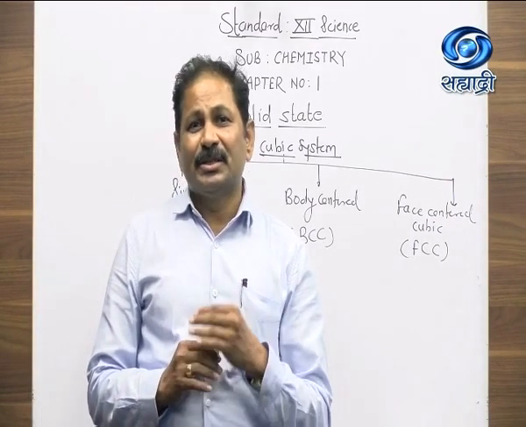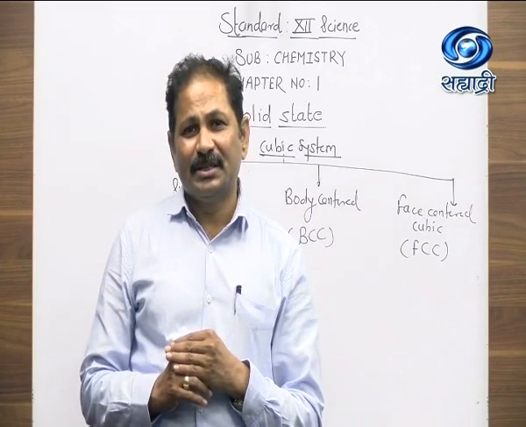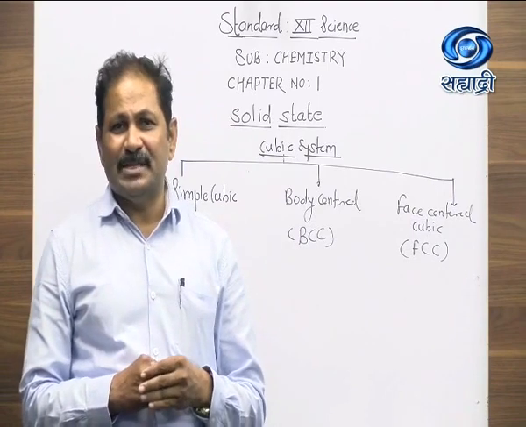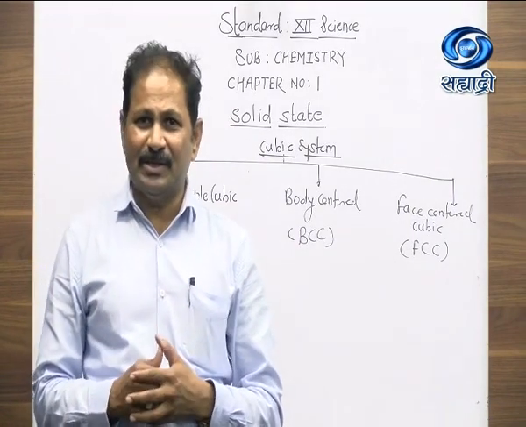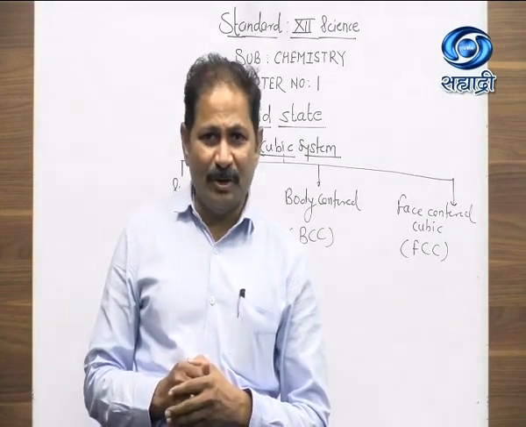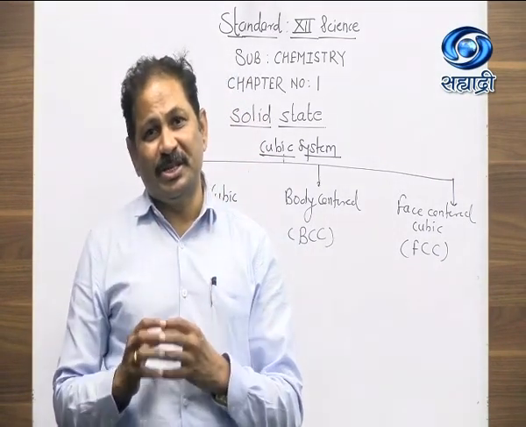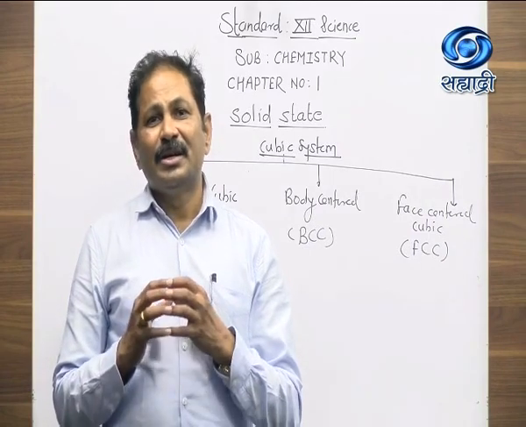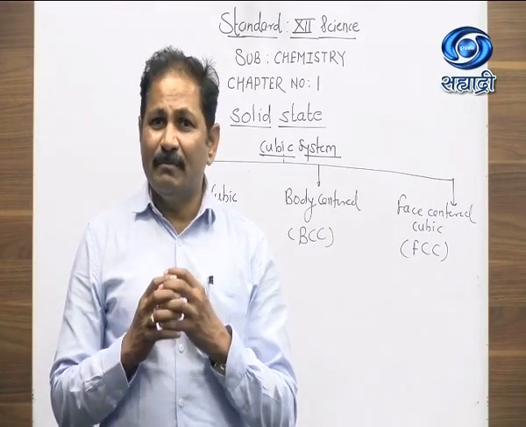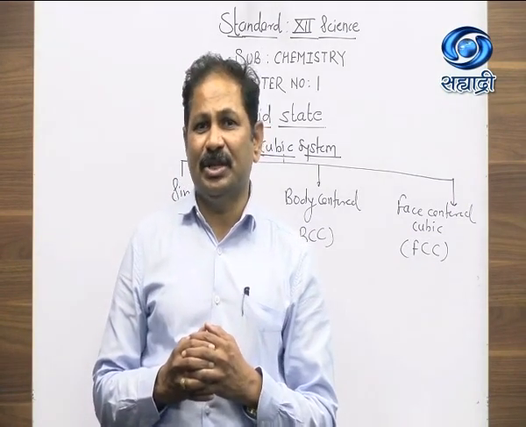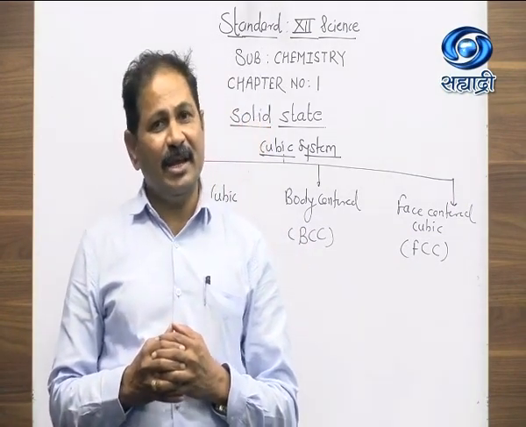We discussed different crystal systems. Then those crystal systems are classified into various Bravais lattices on the basis of the arrangement of constituent particles. Then we discussed the cubic system in detail: simple cubic, body centered cubic, that is BCC, and face centered cubic, that is FCC.